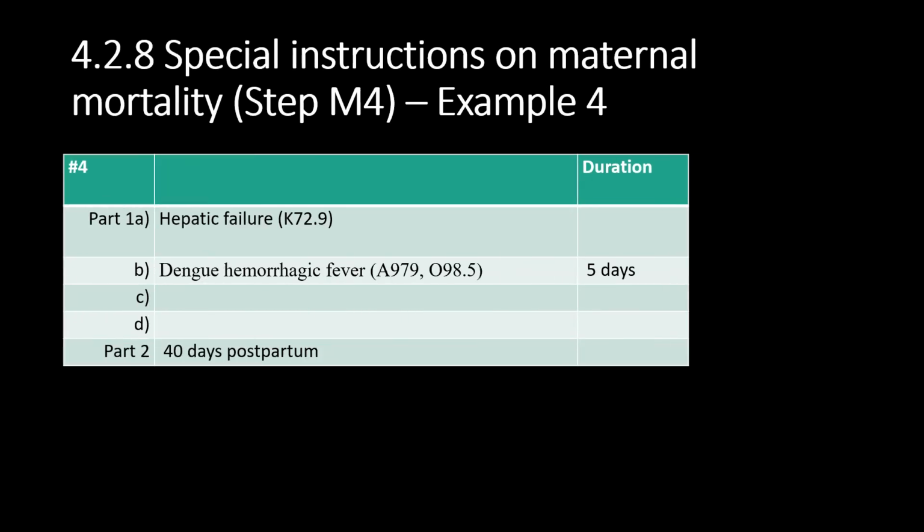Let's go through another example. 1A, hepatic failure, K72.9. 1B, dengue hemorrhagic fever, A97.9, O98.5. Part 2, 40 days postpartum is reported.